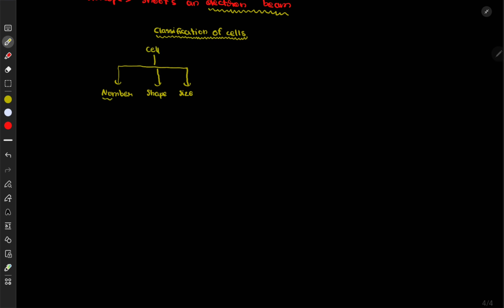Now, when we look at the classification based on number, we see that cells are classified into two types, which are unicellular and multicellular. Fine.